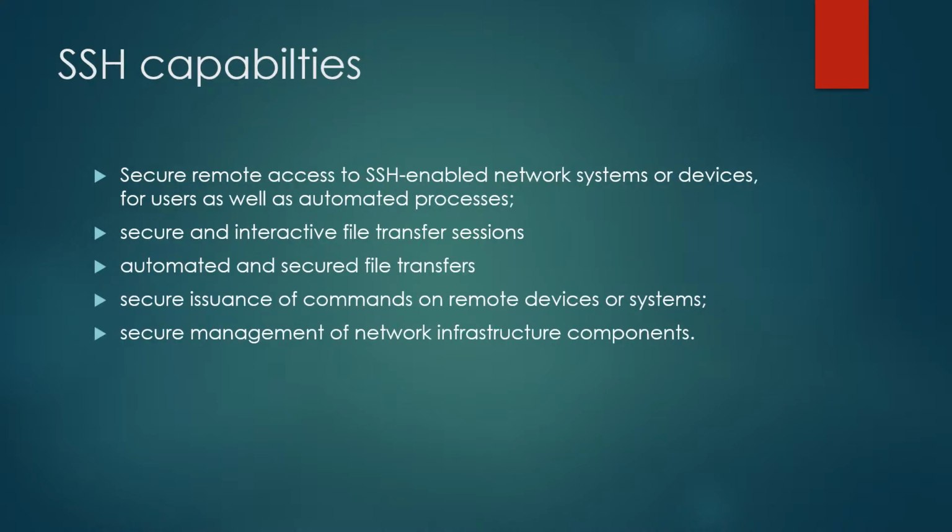Some capabilities of SSH: secure remote access to SSH-enabled network systems or devices for users as well as automated processes, secure and interactive file transfer sessions, automated and secured file transfers, secure issuance of commands on remote devices or systems, and secure management of network infrastructure components.